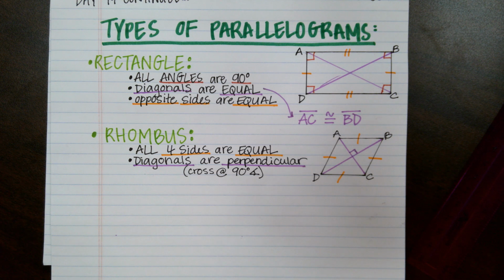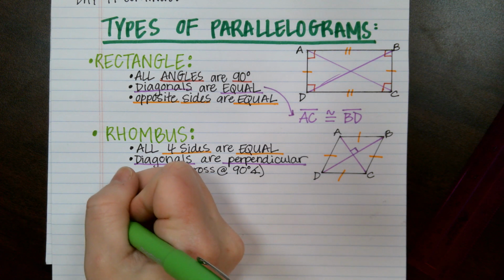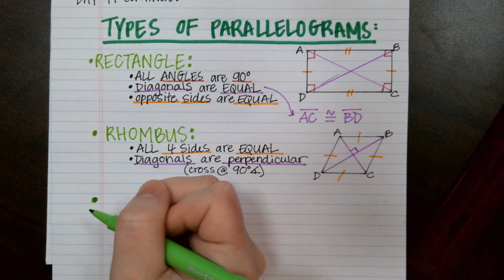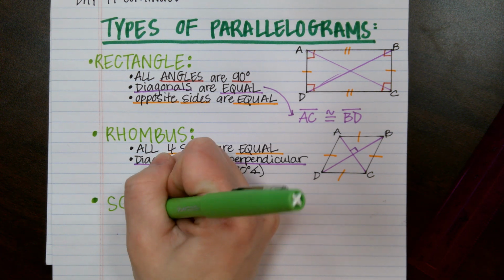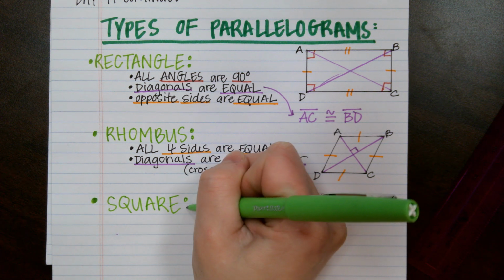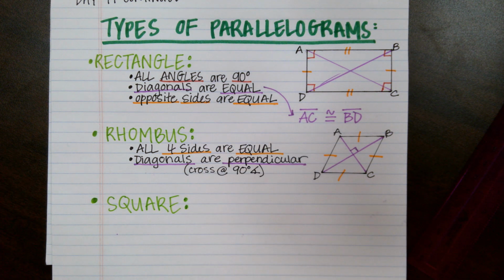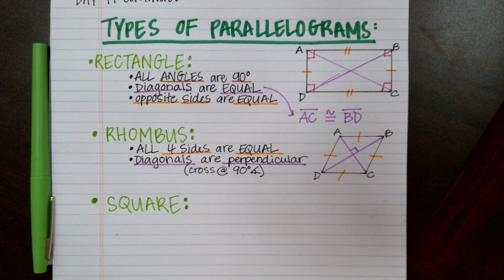So the last one is square. Maybe the simplest one of all, but surprisingly it is actually the most specific quadrilateral that I believe we have here on this list. What do y'all know about the angles in a square?